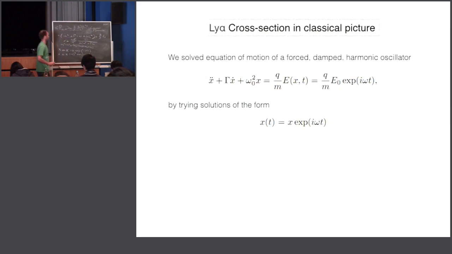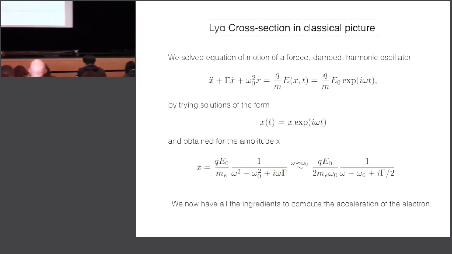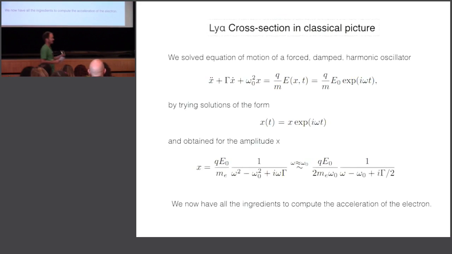Now if we work in the limit where omega is very close to omega naught, we can say these two are roughly equal, so we're going to just write it as follows. And I wanted to do this because after a few steps, things start to look like the Lorentzian profile.